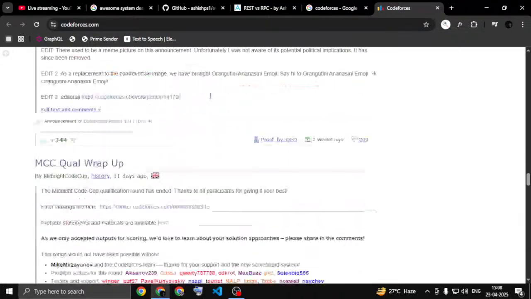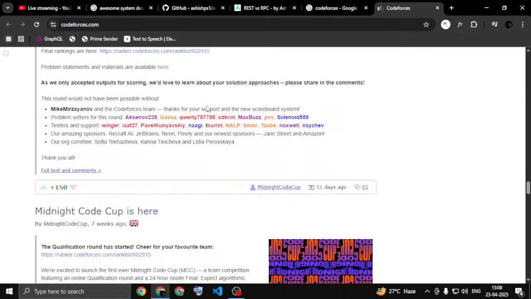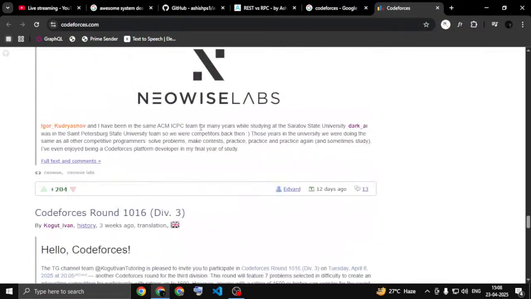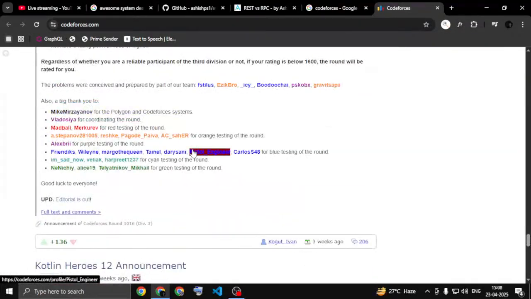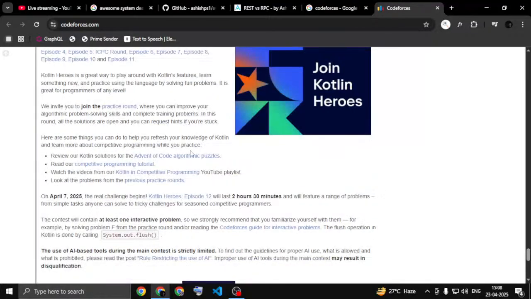People will fool themselves by copying it, because computer programming and software building is a lot about intuition. It's not about jugaad.